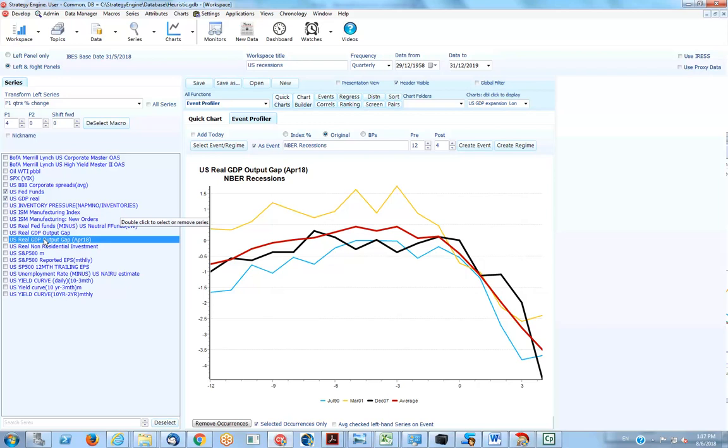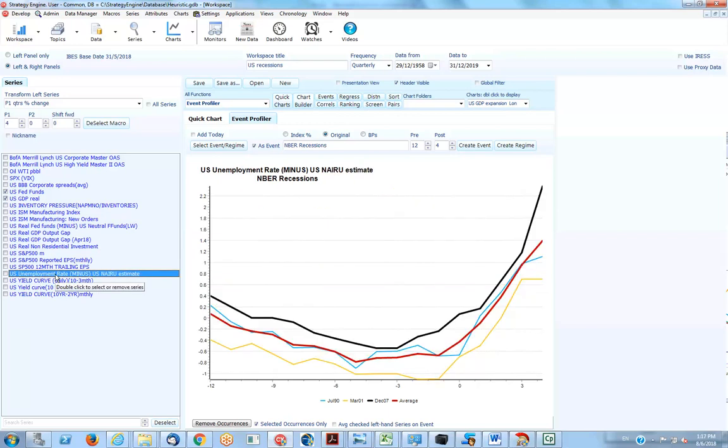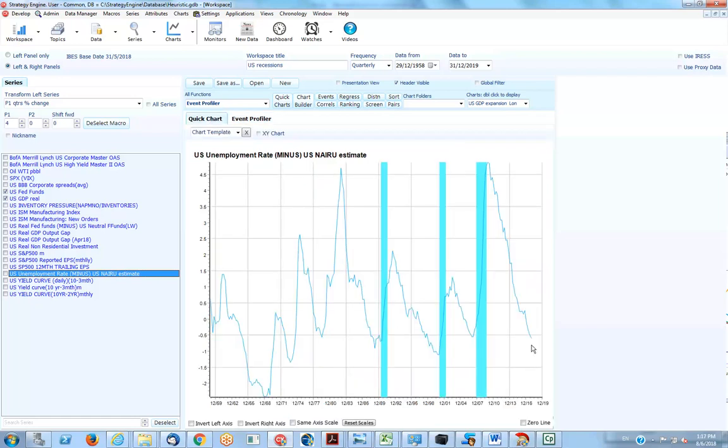NAIRU, looking at NAIRU relative to the actual unemployment rate, is another way of looking at this question. As we see here, there's the beginning of the recession, 0.0. Around about 9 quarters or even a little bit more prior, the US unemployment rate has gone through the estimate of NAIRU. At the current point in time, the US NAIRU is estimated to be around about 4.3.